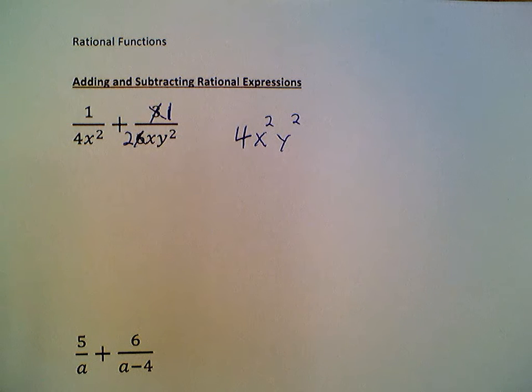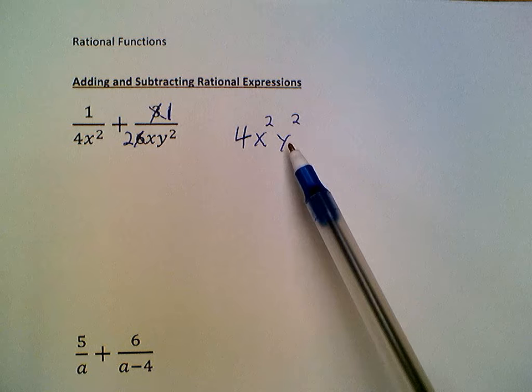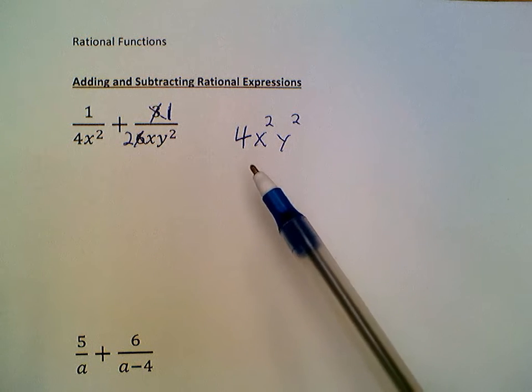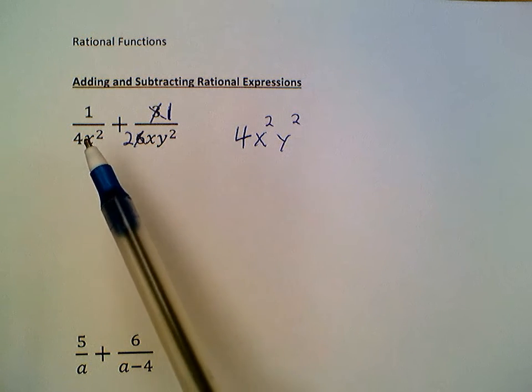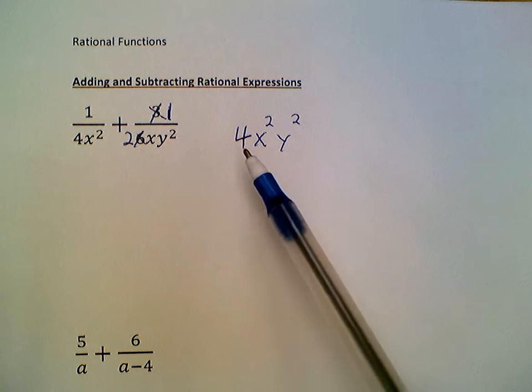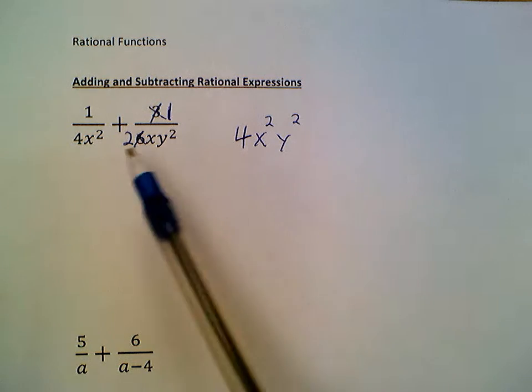Now that I have my common denominator, which will be 4x squared y squared, I need to go about changing both fractions so that they match this denominator. If I look at the first fraction, I need a 4 and I already have a 4. I need an x squared, I already have an x squared. I need a y squared, which I don't have.